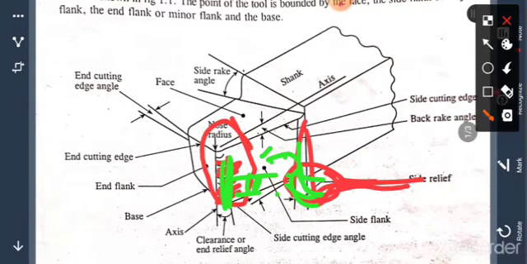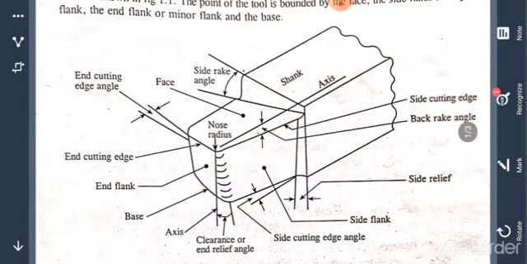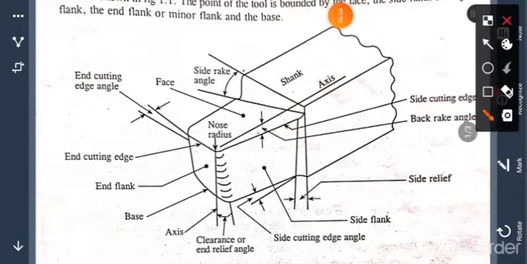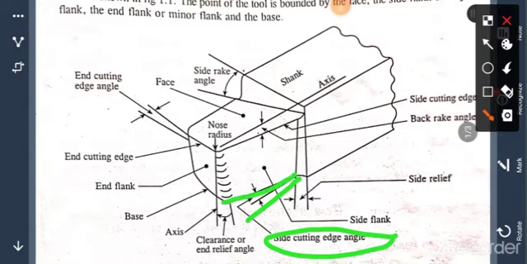So to increase the tool life, this relief is required. Then next comes the side cutting edge angle. This and this is called the side cutting edge angle, and this is called clearance. If you draw a straight line and here there will be a radius, it is called the end relief angle.